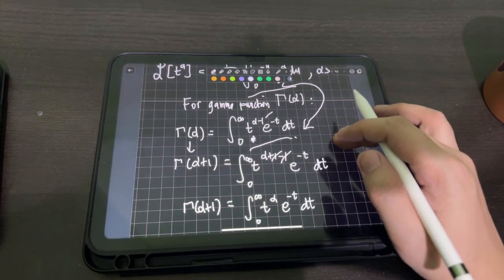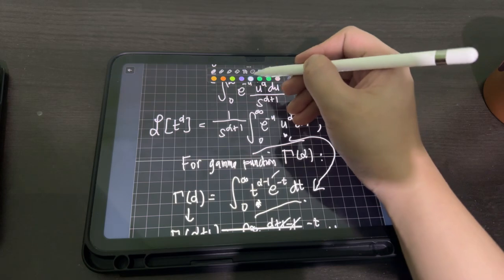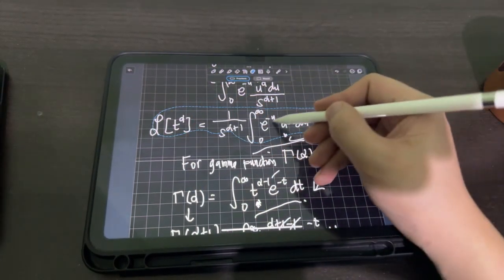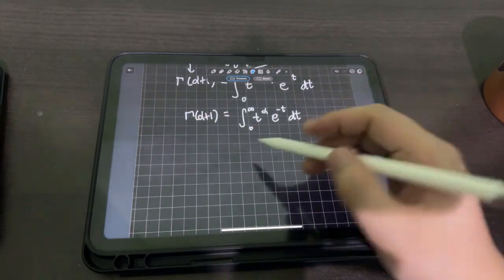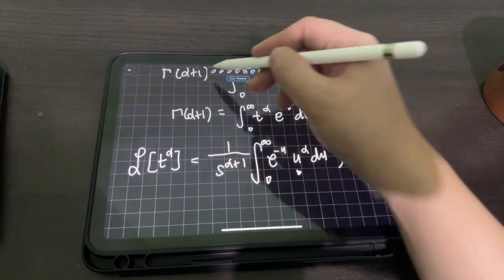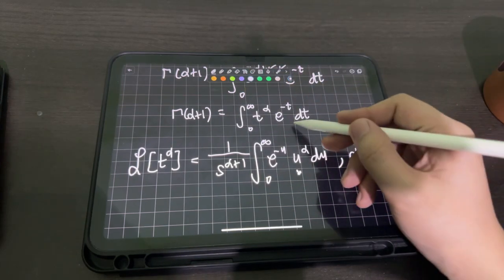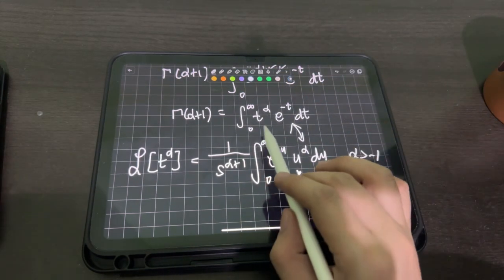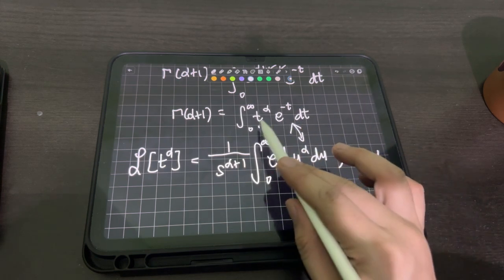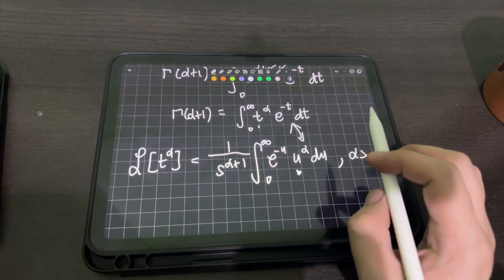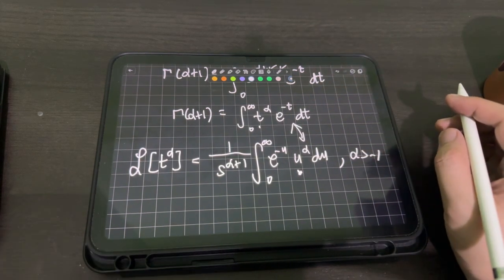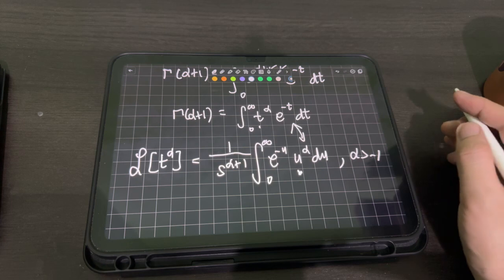Okay? So, if we compare this obtained formula so far for the Laplace transform of t to the alpha, they are now the same, right? Because t and u here are dummy variables, just like what I've said. You can have any variable that you want.